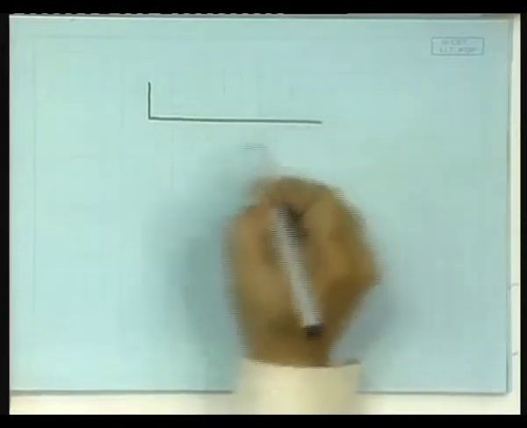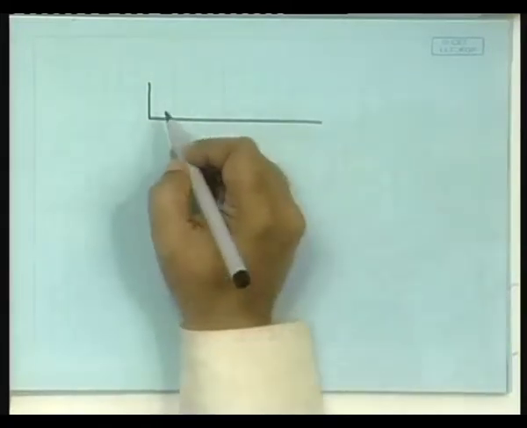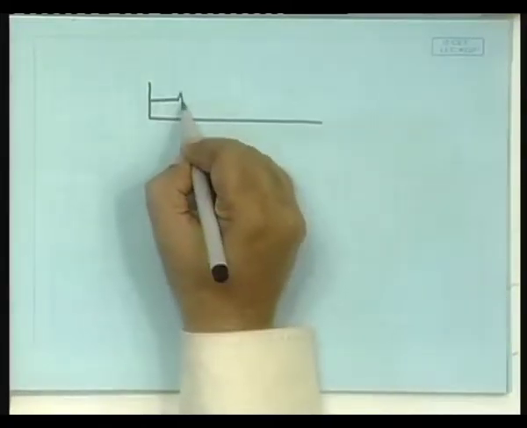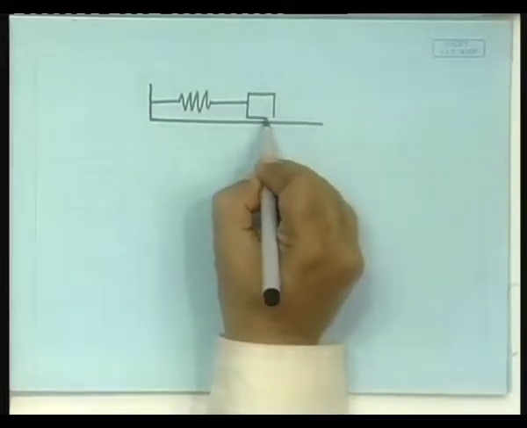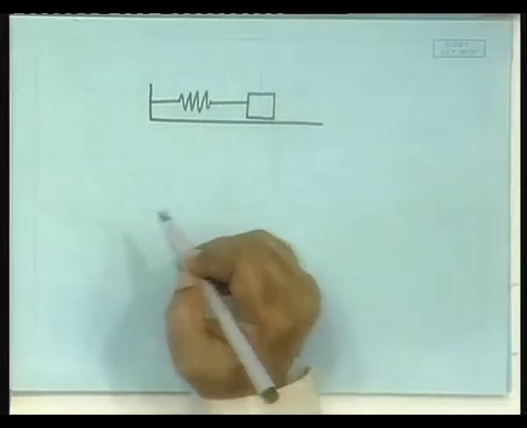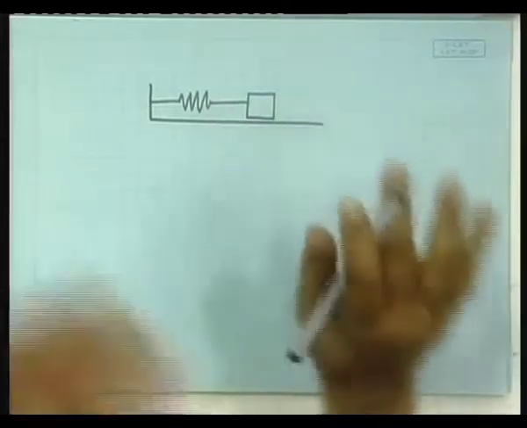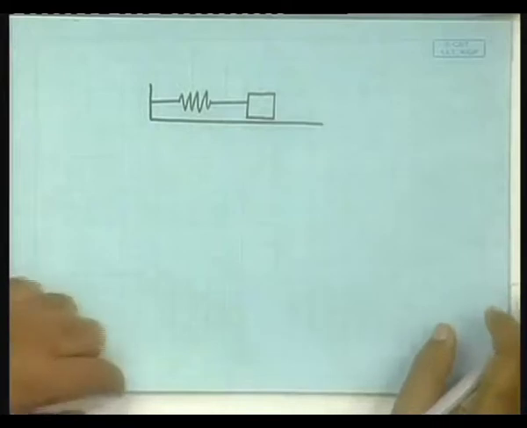Let us illustrate with a very simple system, the simple oscillator, how this can be used. Suppose there is a spring here connected to a mass. Okay. Simple, no complication.